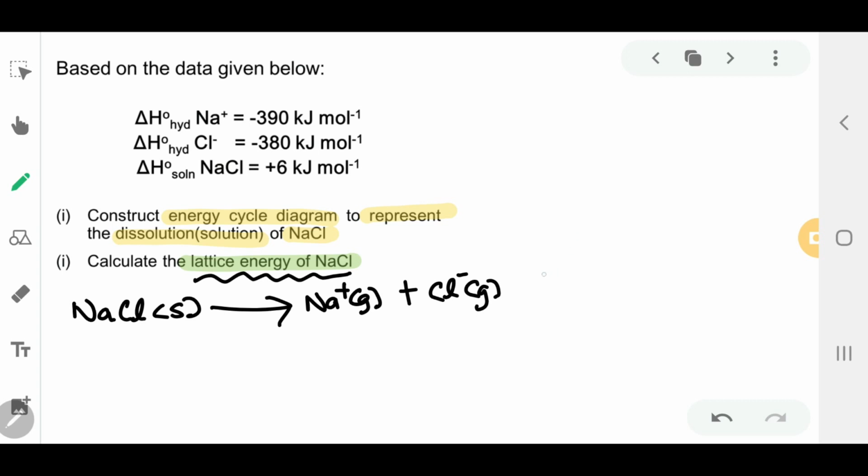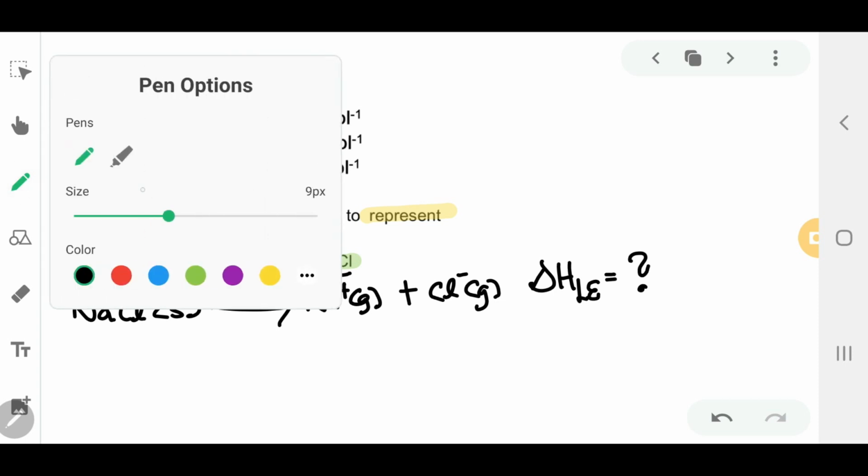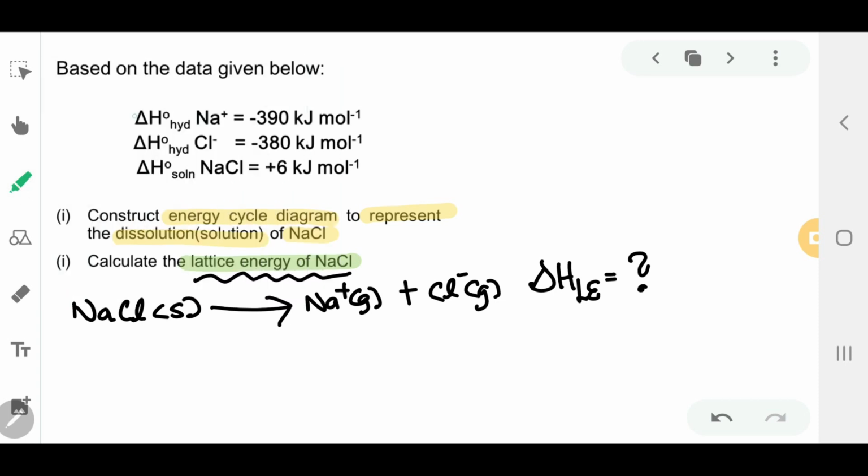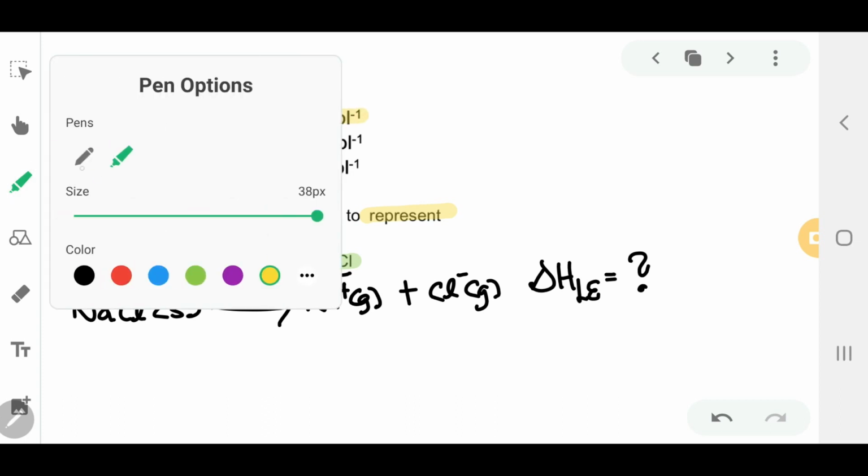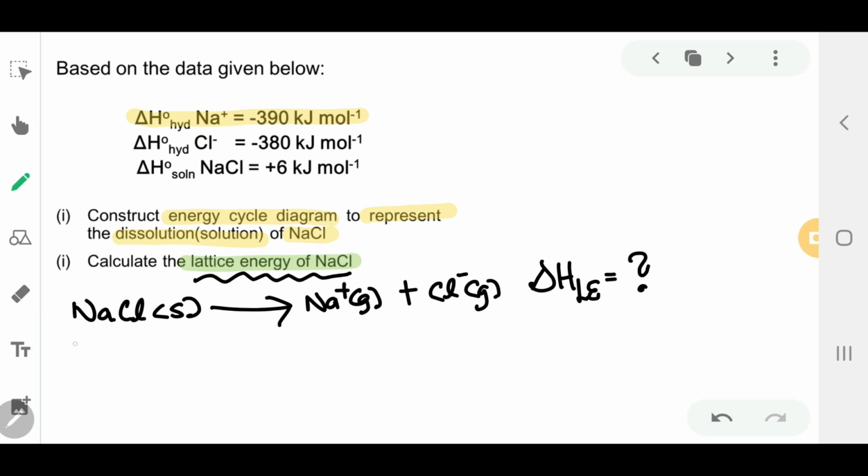And based on the question, this is the one that we need to find. So that is the lattice energy. This is the one that we need to find out. And what does the question give to you? It gives you the hydration of sodium ion. So that is, okay, the one in yellow, we have hydration. So you have Na⁺ gas.